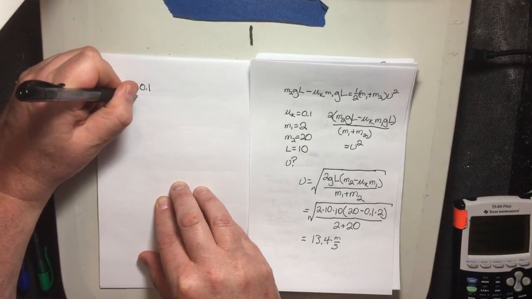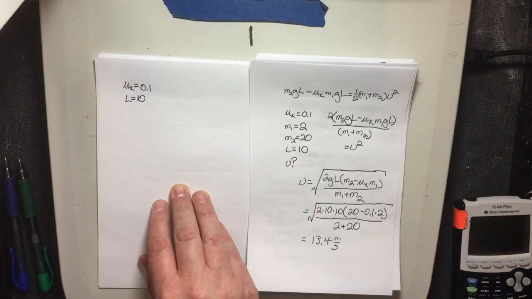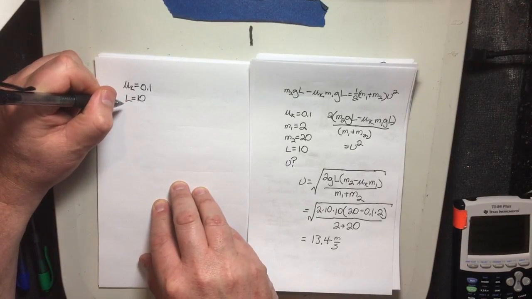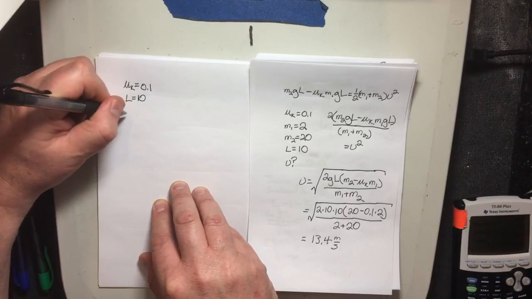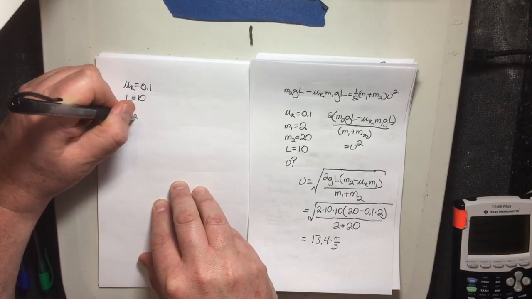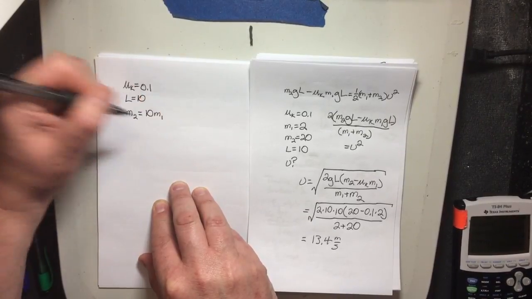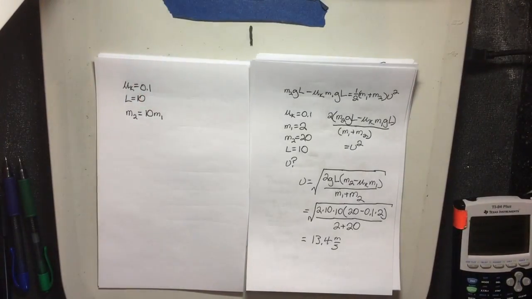L is still 10. We're still on the Earth. But now I'm going to say that M2 is 10 times the mass of M1. Is that it? Yeah, that's it.